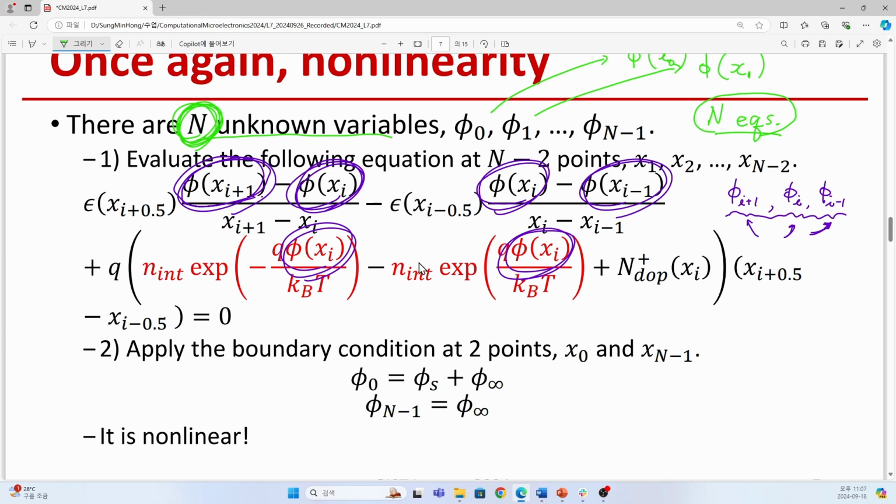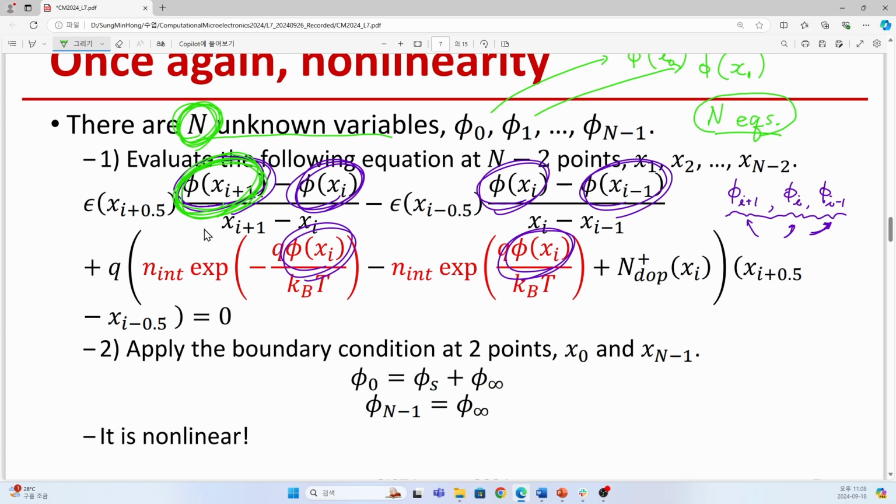Here we have 6 different circles I already made, and among them, which one corresponds to the electrostatic potential evaluated at the x sub i plus 1 point? You may find only one possibility here.